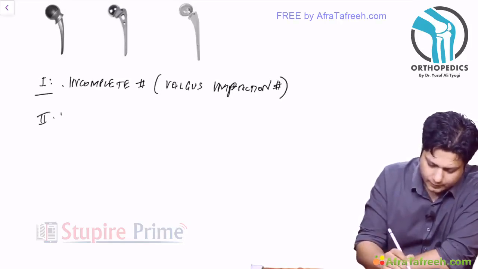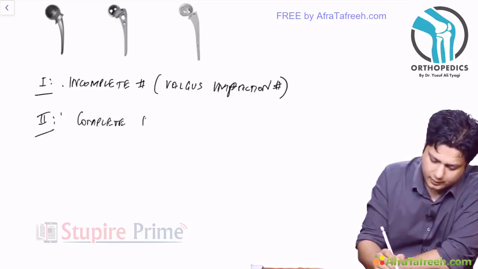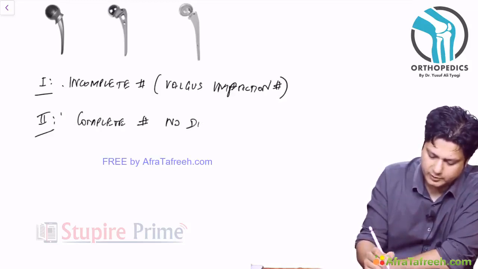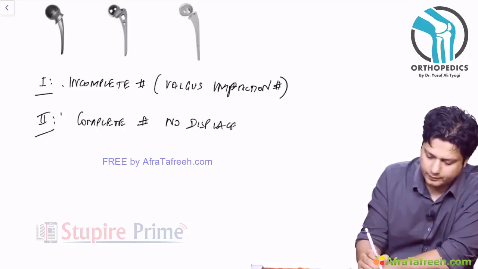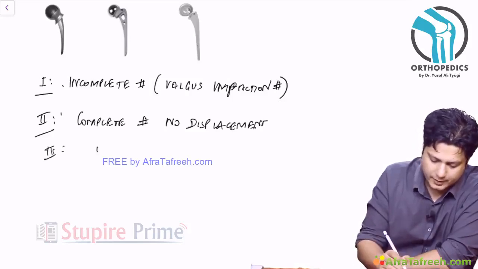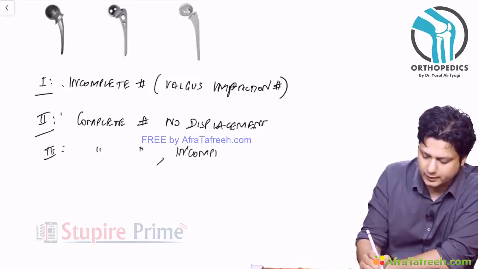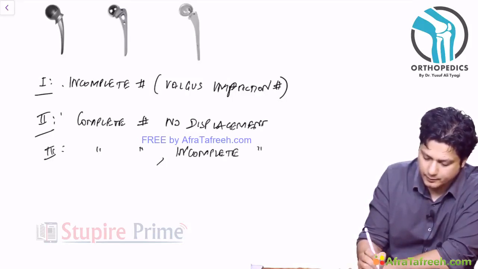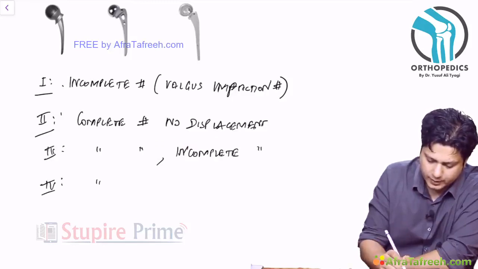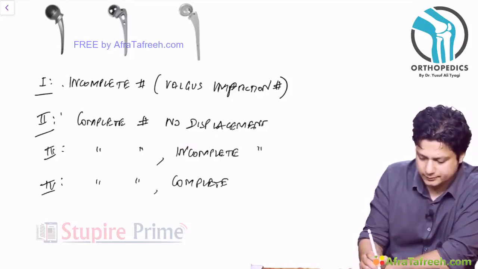Type 2 is complete fracture, but there is no displacement. Type 3 is complete fracture with partial or incomplete displacement. And type 4 is a complete fracture with complete displacement.